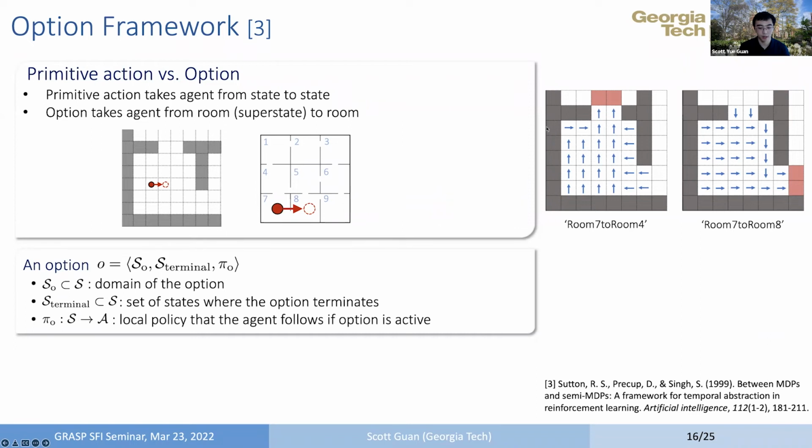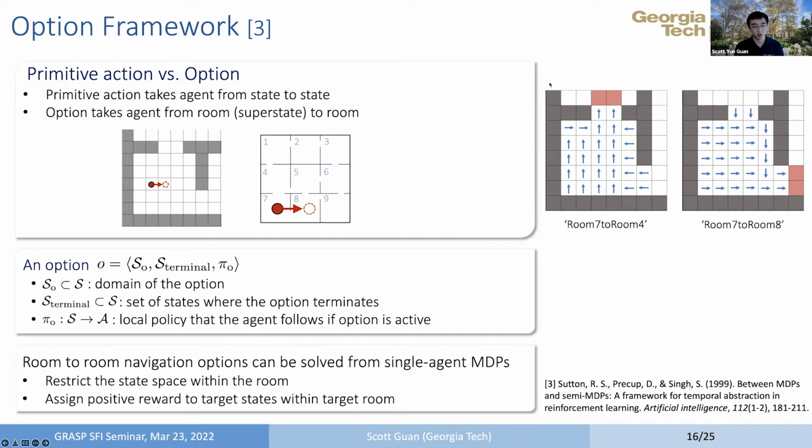These little arrows represent the local policy, showing which direction the agent should go at each location under these options. The red cells are the target states in the target neighboring room. In this case, these target states are in room 4 for this option.